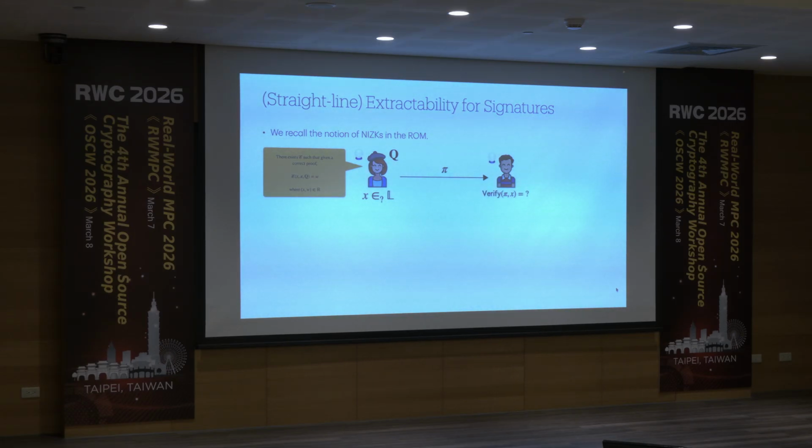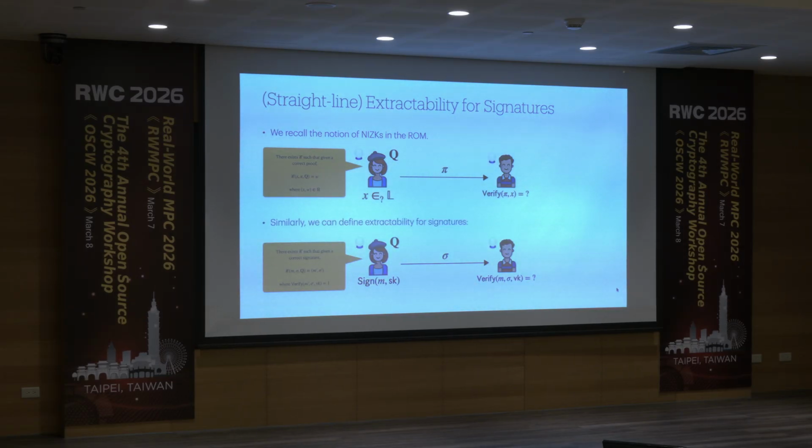Now, in particular, we call a NISX extractable if there exists some extractor algorithm E, which, given a correct proof, can actually use the queries that the prover made in order to extract a witness. This is a straight line extractability.